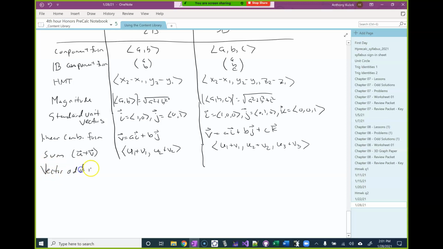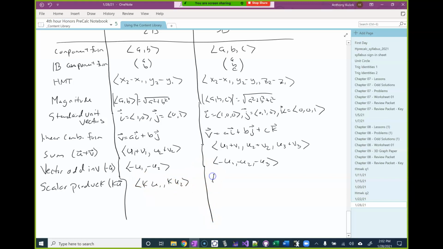The vector additive inverse, so negative u, is just negative u1, negative u2. In 3 dimensions, it's the same thing. The scalar product. Again, we just multiply k to each component. So everything is working pretty much exactly the same, right?